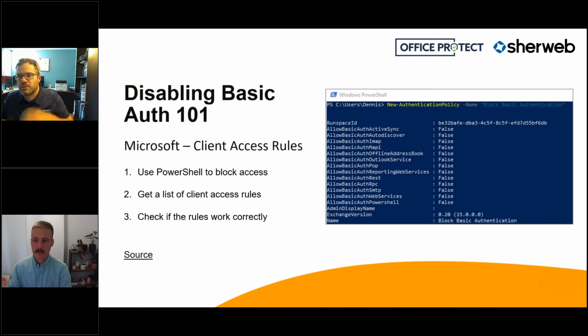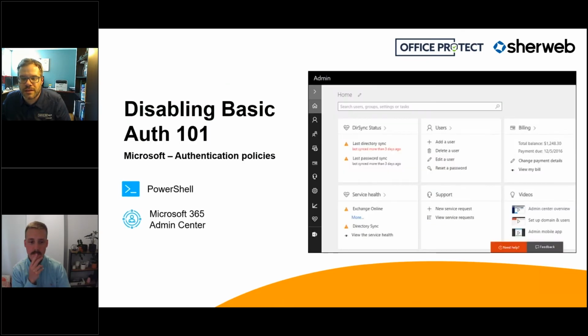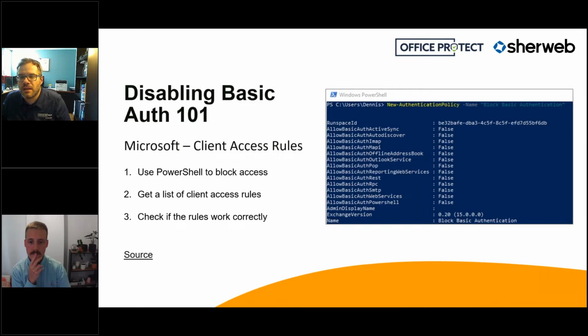Another way is to use Exchange client access rules. They're a combination actually of access rules and authentication policies, but basically using PowerShell, which we can see here, you can get a list of client access rules and then block it. So you can see Allow Basic, that's a lot of allow basic auth actually for a bunch of different things and protocols.